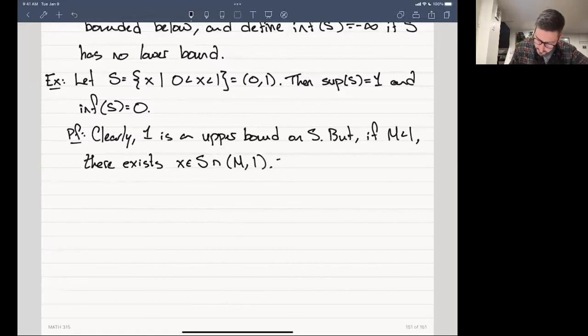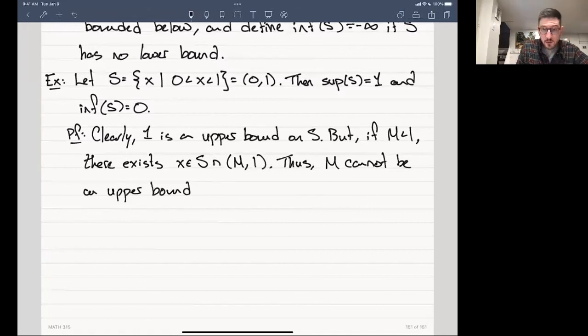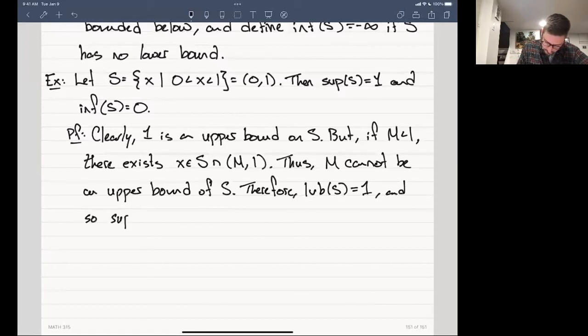And so thus, m cannot be an upper bound of S. So therefore, the least upper bound of S is equal to 1. And so the sup of S is also equal to 1.